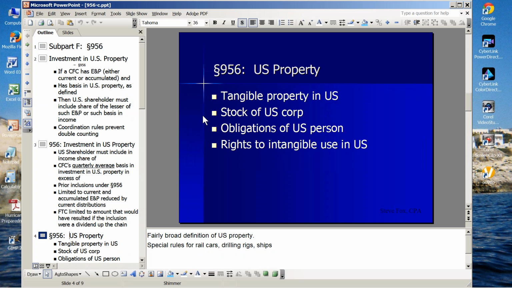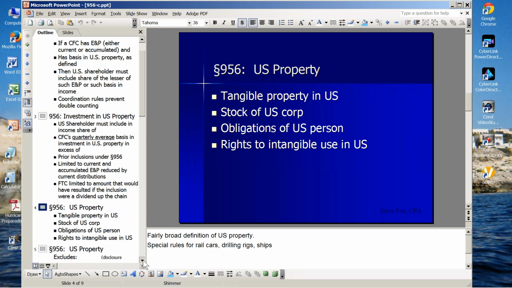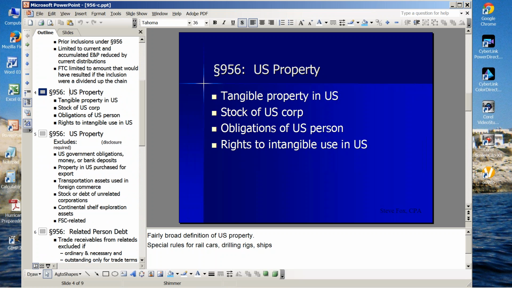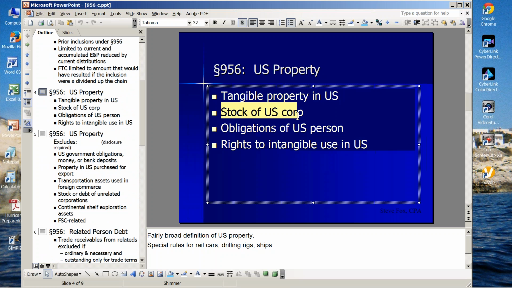Tangible property in the U.S., stock of a U.S. related party, obligations of a related U.S. person, and rights to use intangible assets in the U.S. are all U.S. property.